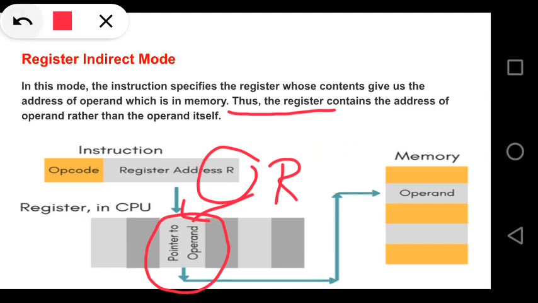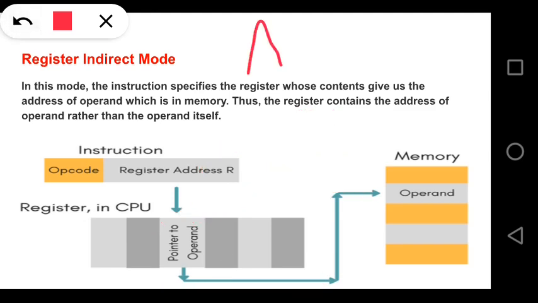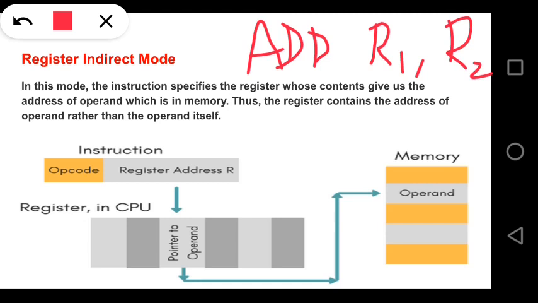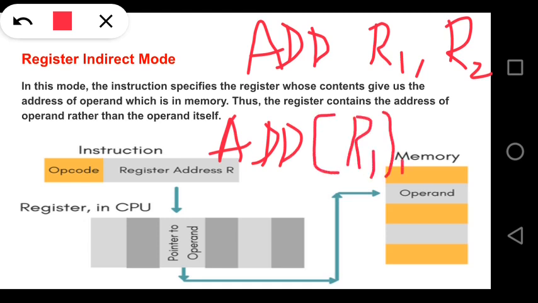So the first thing is how to specify the instruction. See, in register mode we said ADD R1, R2. This is the register mode. In register indirect mode there should be a way: ADD R1, [R2], with R2 followed by square brackets.